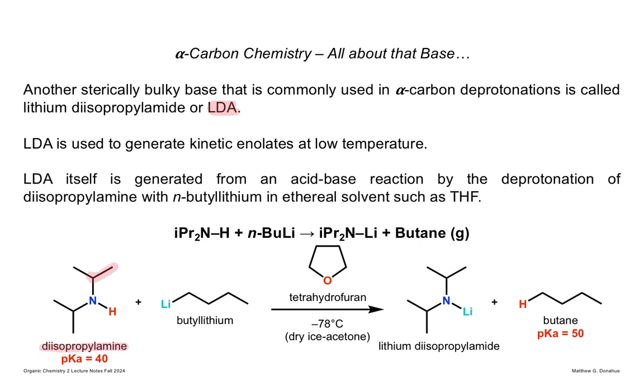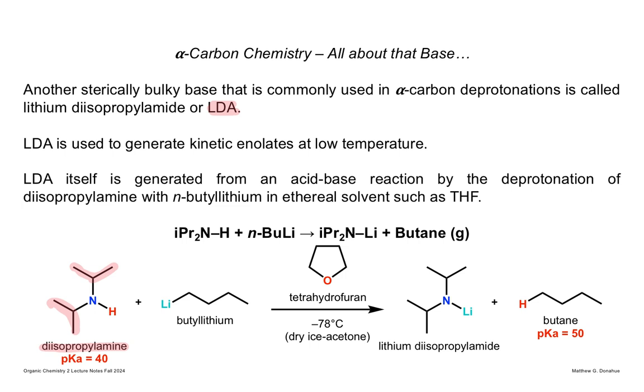And so there's the isopropyl groups. And on the page, they look sort of small, but in reality, those isopropyl groups are pretty big. So it's a bulky base. That makes it a really bad nucleophile.